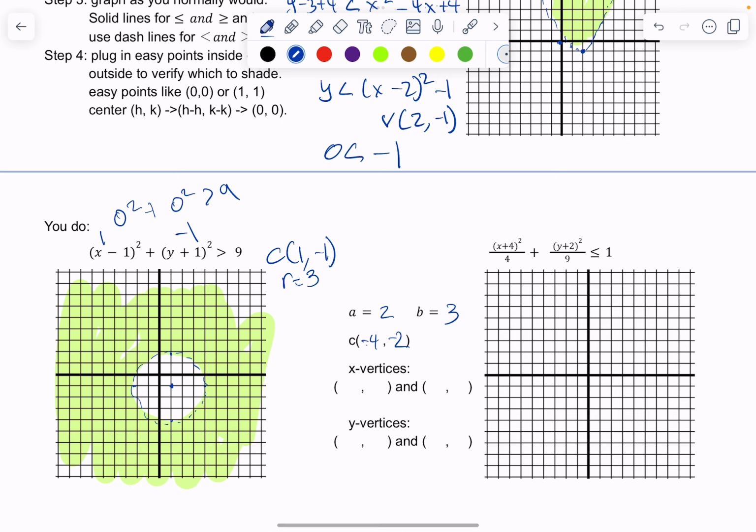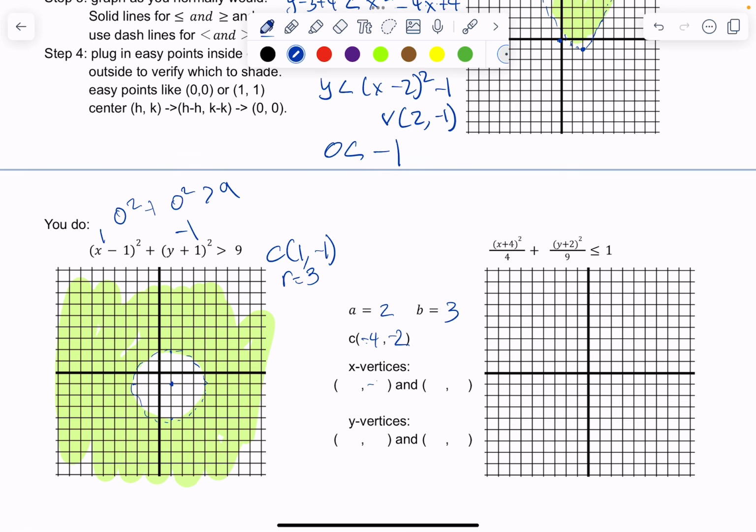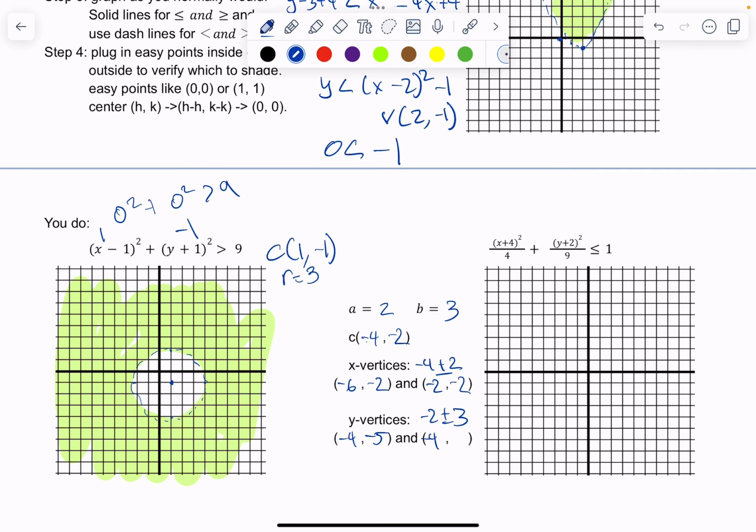My vertices: negative 4 plus or minus 2, so that is negative 6 and negative 2. And then negative 2 plus or minus 3, negative 5 and 1.